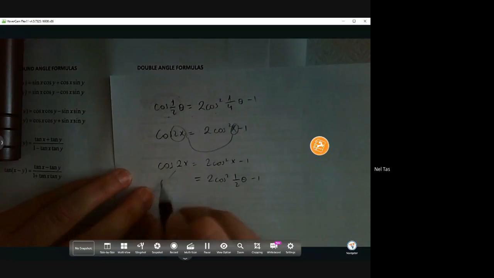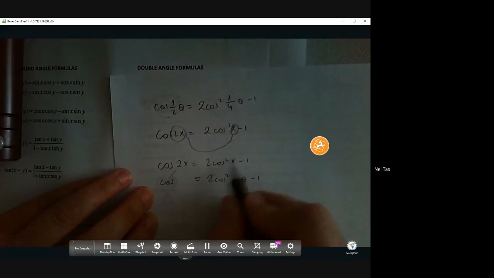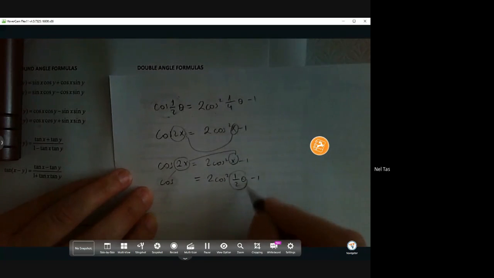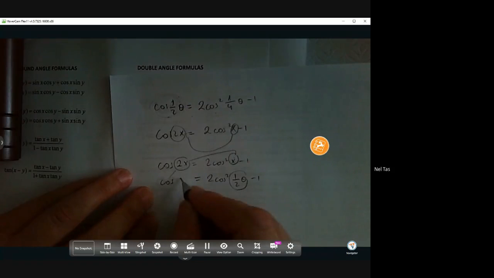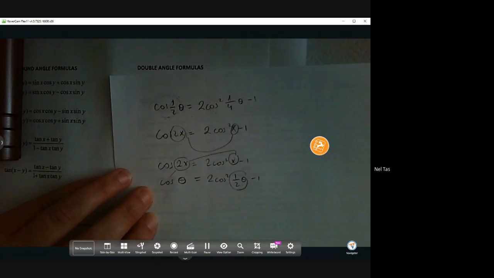Then on the left side, 2x is 2 times this angle, so I can multiply 1 over 2 theta by 2, and that would give me cos theta. So now this is helping, because now I can isolate cos 1 over 2 theta from here, because I already know cos theta. So I can write cos 1 over 2 theta in terms of cos theta. So let's do that.